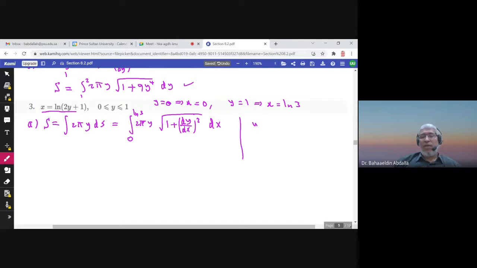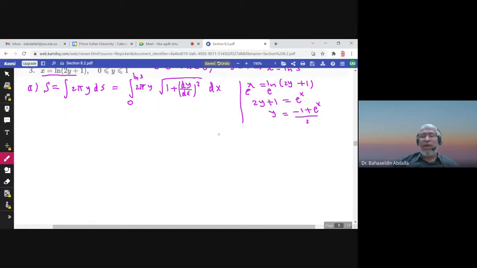And y here has to be written as a function of x, so I need to solve this equation for y. Let us start from the equation itself: x equals ln(2y plus 1). If I raise both sides to the base e, e cancels with ln, and I have 2y plus 1 equals e to the power x. So y would be (e to the power x minus 1) over 2.